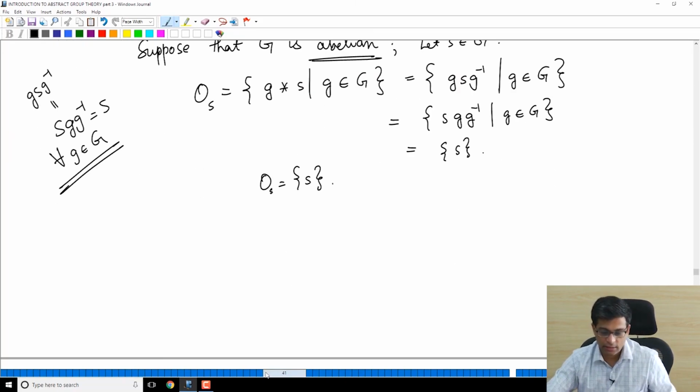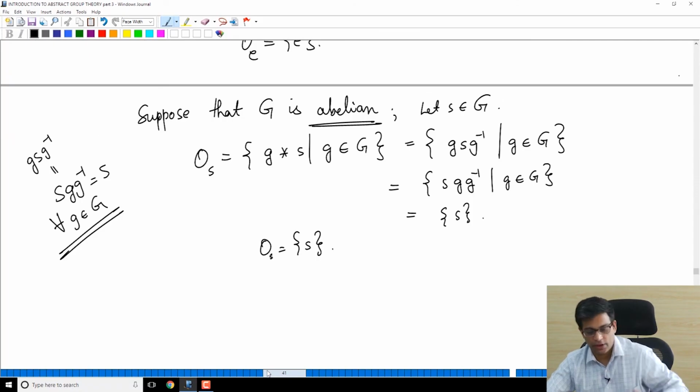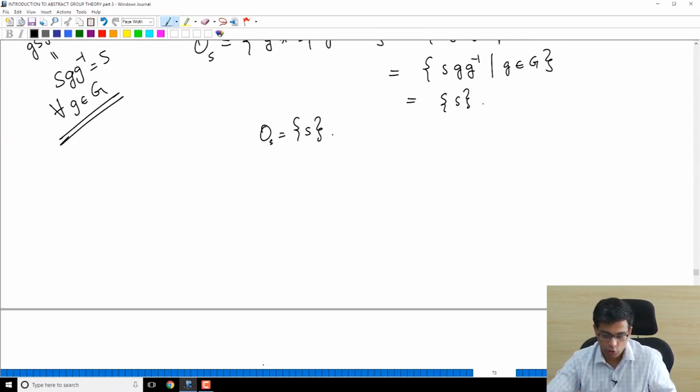So these are the 5 examples. In the 5th example, we get something interesting if the group is abelian.